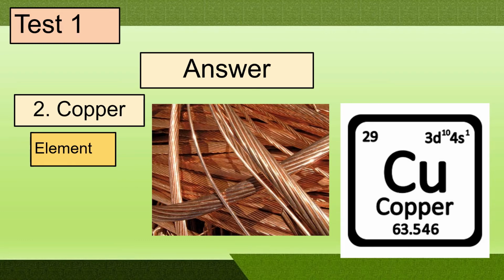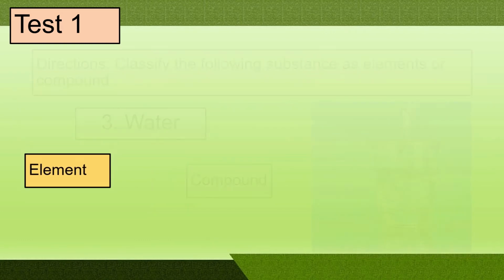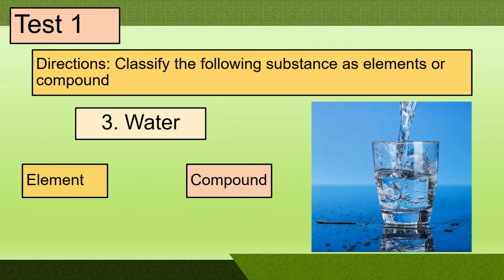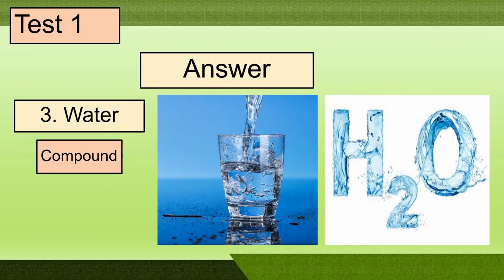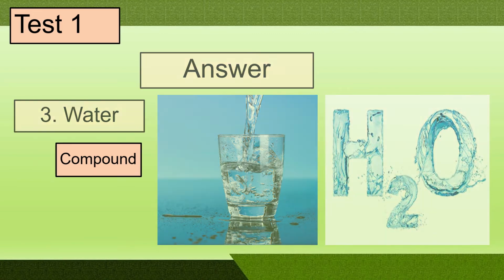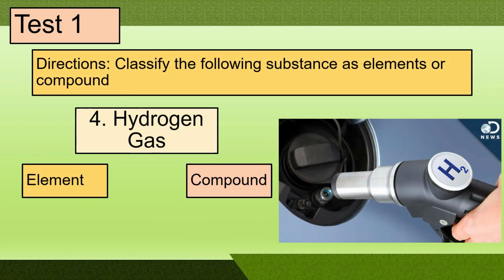For number 3, we have water. Is water an element or a compound? The answer is, it is a compound, a combination of the elements hydrogen and oxygen. For number 4, hydrogen gas.